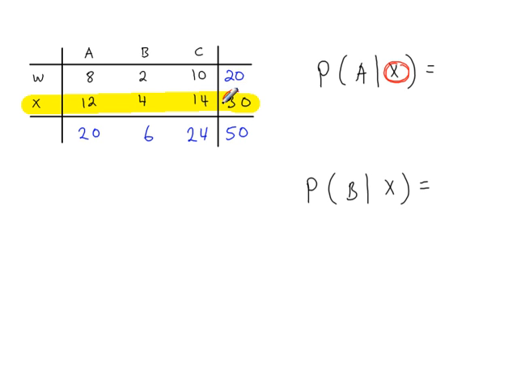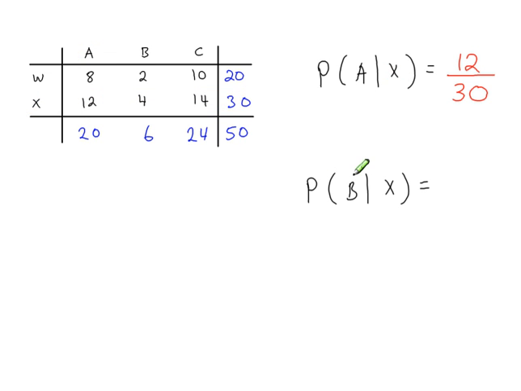The total for that row is 30, so the probability will be something out of 30. Now you look at event A. Event A is all of this. And where do the two meet up? On the 12. 12 out of 30.